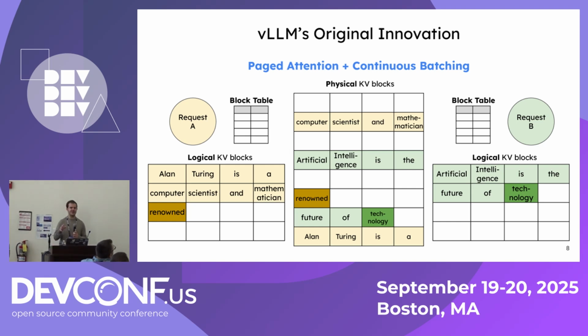So this was the original innovation inside of vLLM, to take continuous batching, take KV cache management, and use the ideas from operating systems around managing virtual memory with a logical view of every request that allows for really fine-grained management of the KV cache.